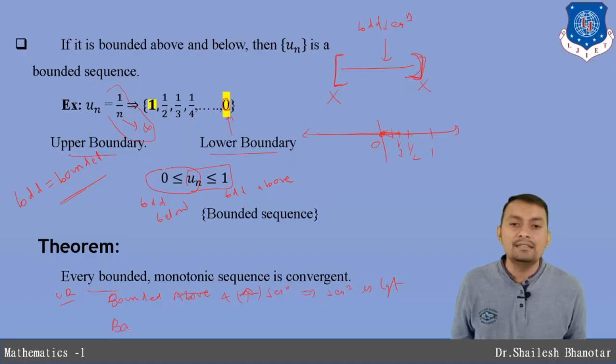Another condition: if it is bounded below and decreasing, then definitely we can say the sequence is convergent. Let us use these two properties to decide whether a sequence is convergent or divergent without finding its limit. Sometimes it is very difficult to determine the limit, so in that case we will use this theorem.